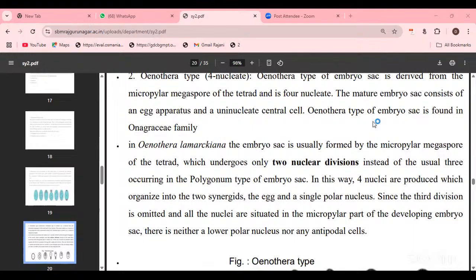In this way, 4 nuclei are produced, which organize into the 2 synergid cells, the egg, and a single polar nucleus.